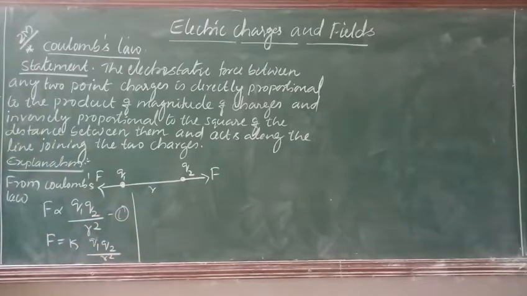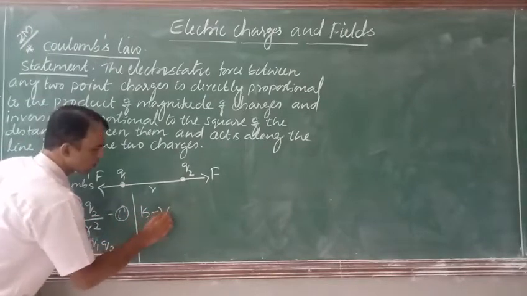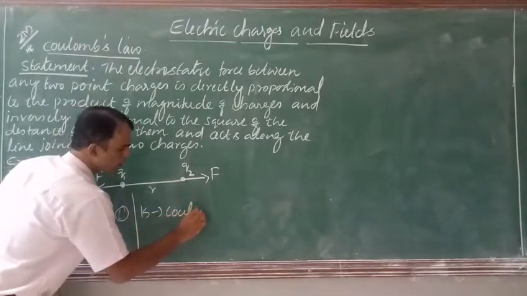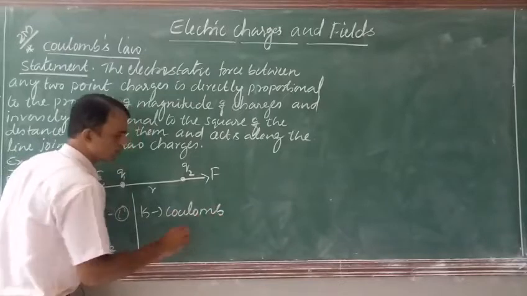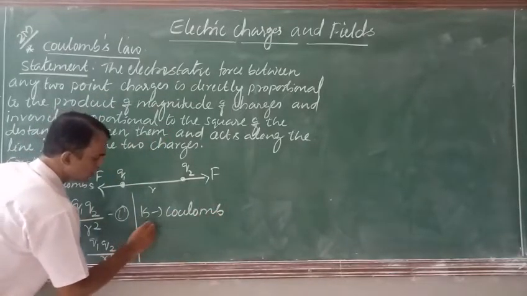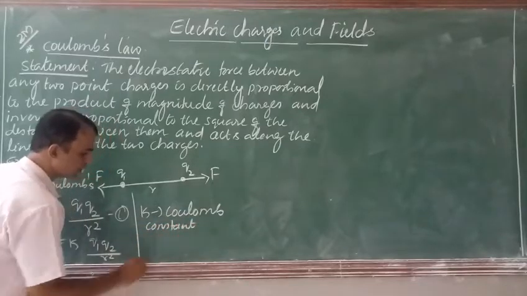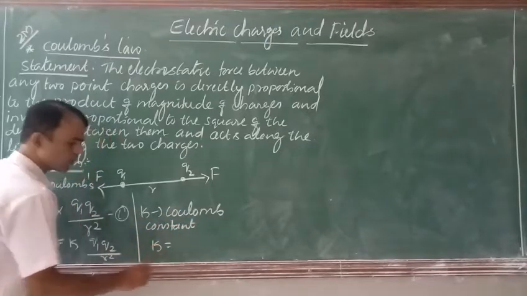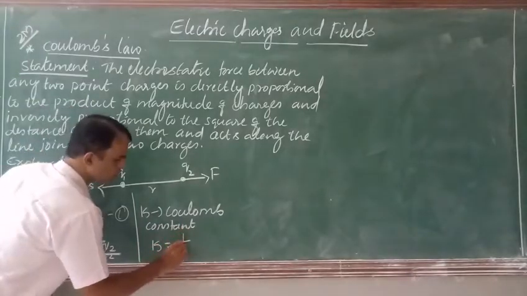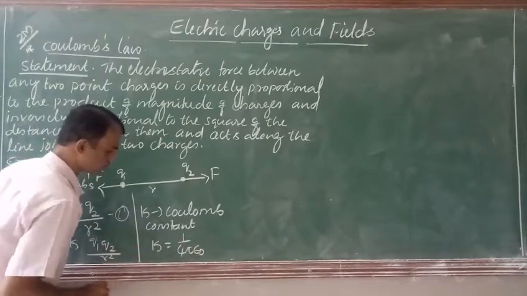Here K is a constant called the Coulomb constant, and its value is given by K equal to 1 by 4 pi epsilon naught.